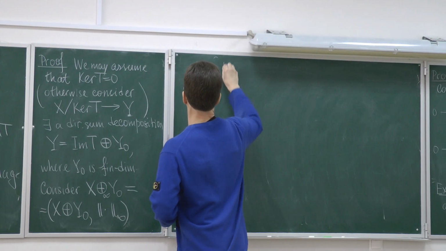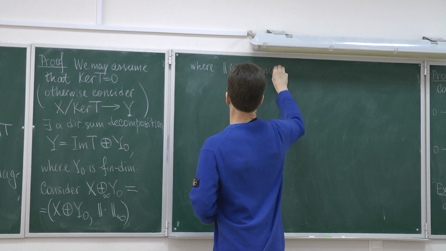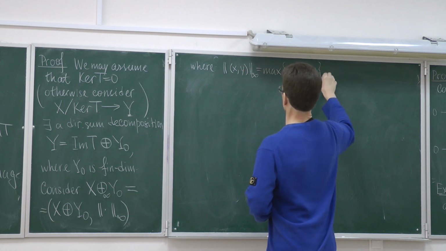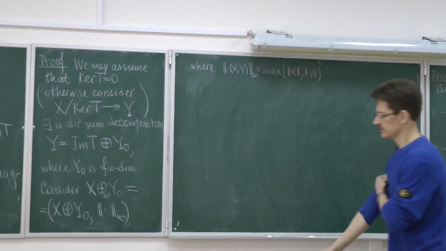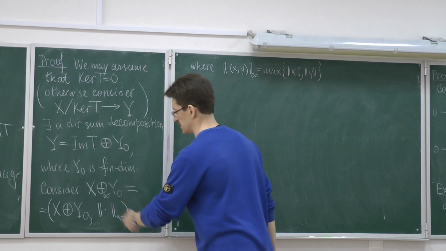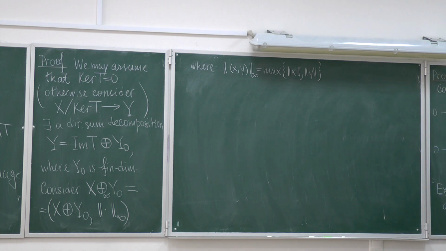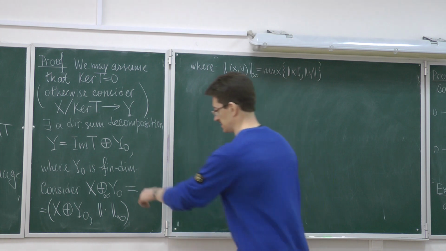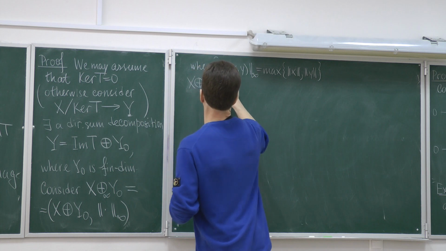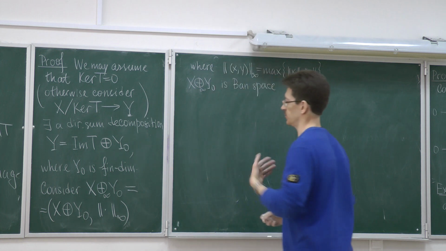So this norm on the direct sum is given by the following formula. Y0 is finite dimensional, so Y0 is a Banach space, and X is a Banach space. It's a simple exercise, we have already used this in our proof of the closed range theorem, that this is a Banach space, because both X and Y0 are Banach spaces.